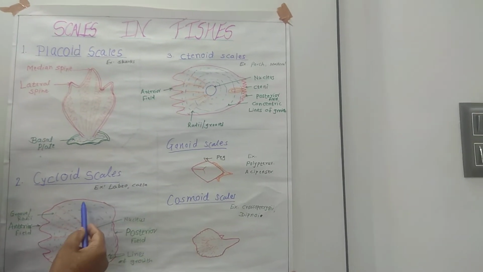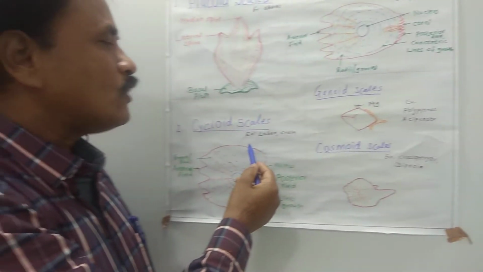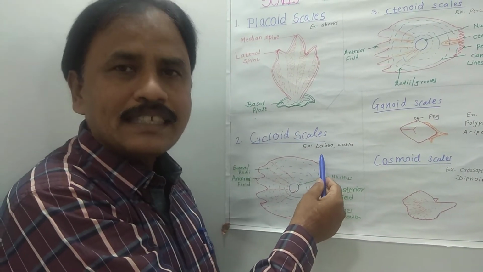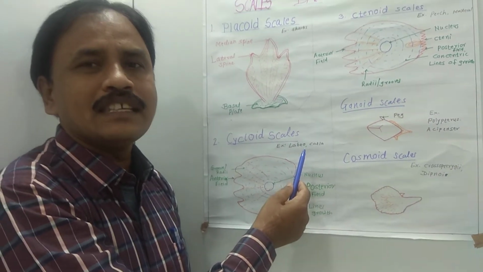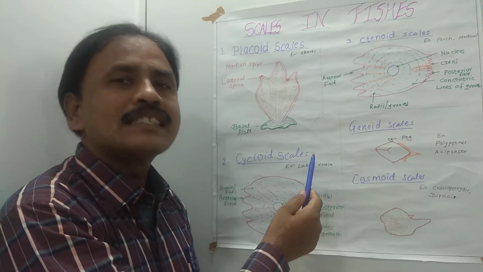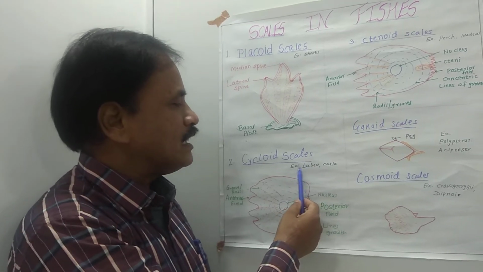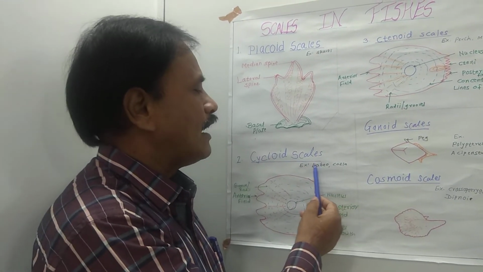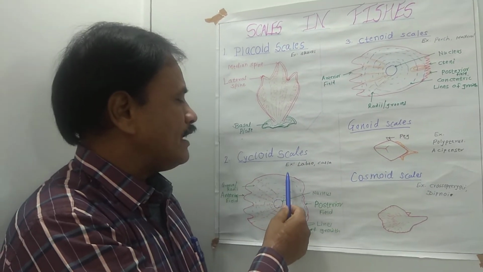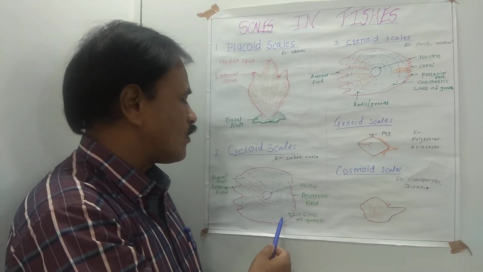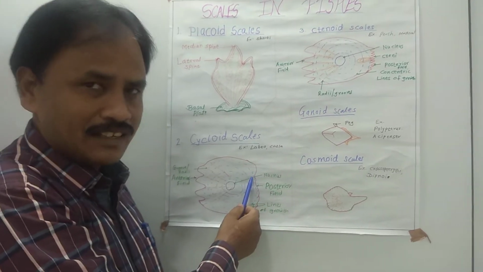First of all, we'll see the cycloid scale. The cycloid scale, or the bony ridges, is a peculiarity of the bony fishes, that is, it is present in the fishes which have a bony endoskeleton. Therefore, these are present in bony fishes like Katla, Labeo or Mrigal. Now, these cycloid scales are not exactly circular, but are flat structures.